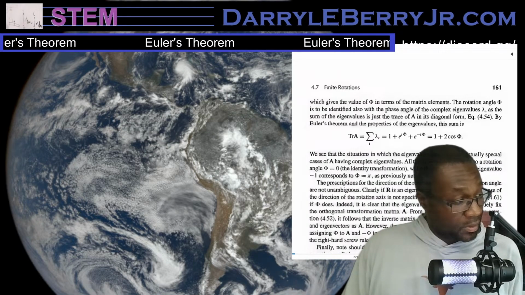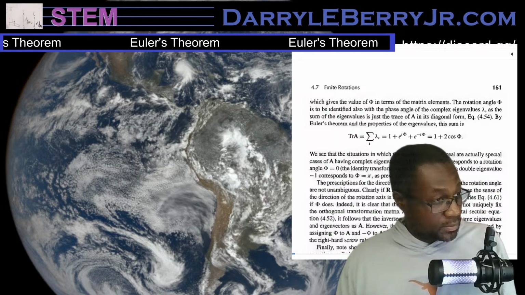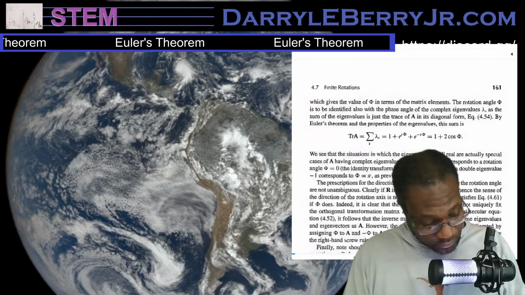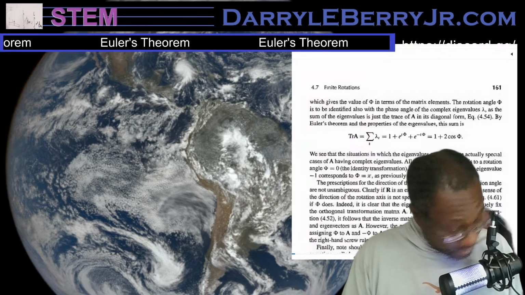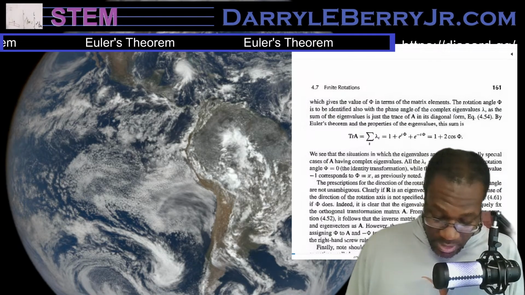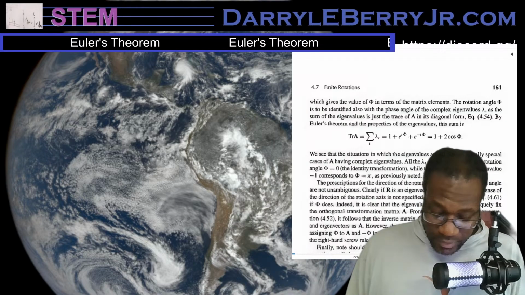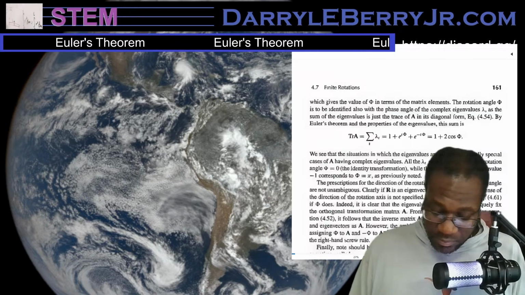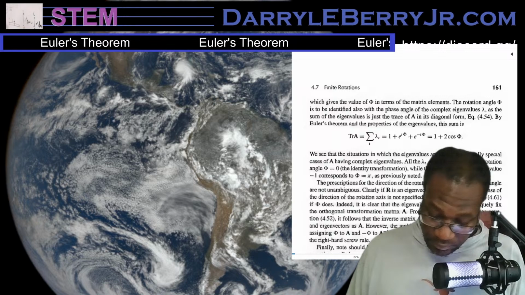Trace of A is going to be the sum. Let me make sure I put the proper symbol there. Yep, that's an i. The sum over i of lambda i equals lambda 1 plus lambda 2 plus lambda 3.